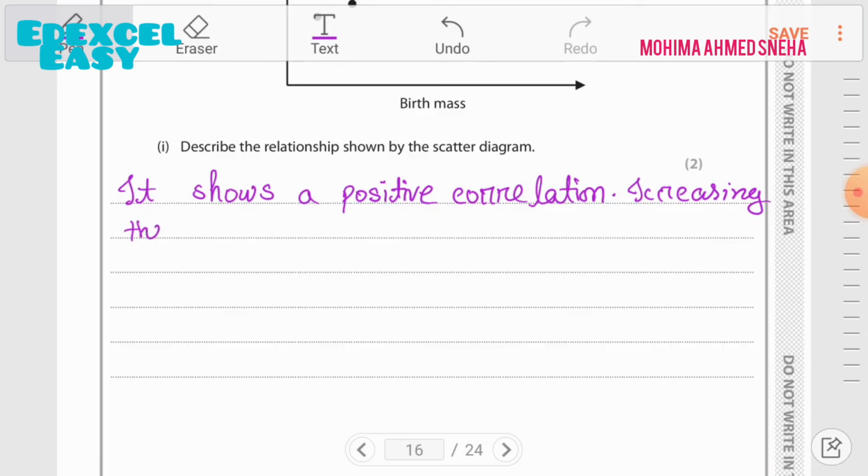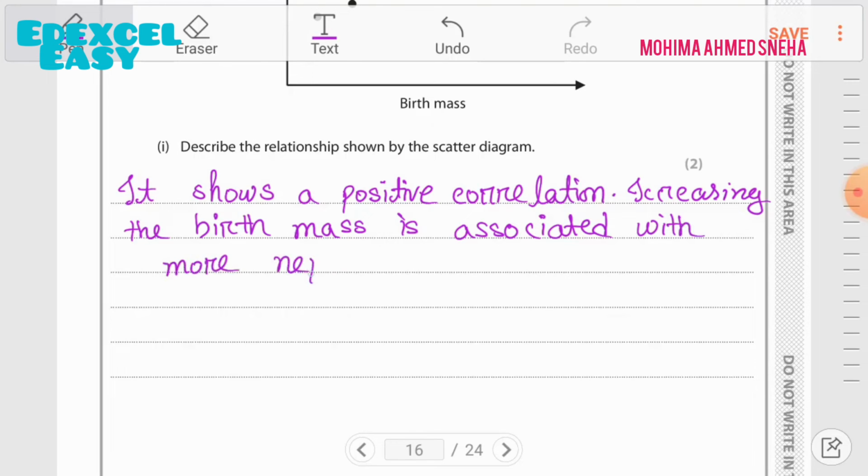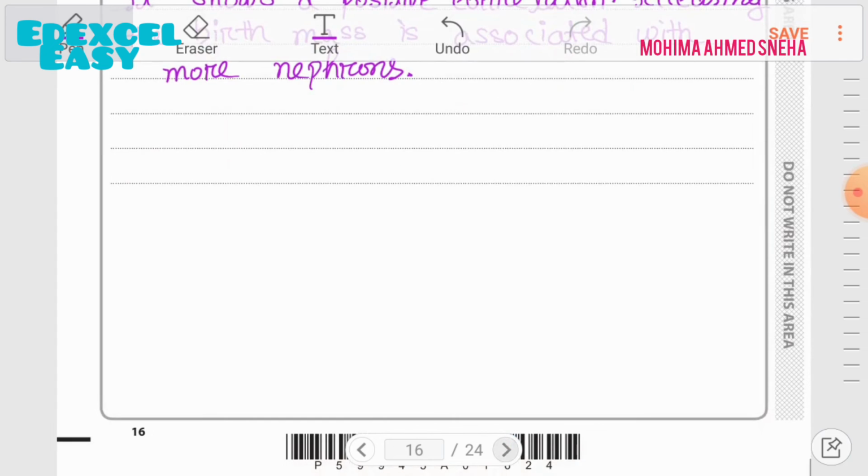Increasing the birth mass is associated with more nephrons. And with this, part B1 ends. Moving to part B2.